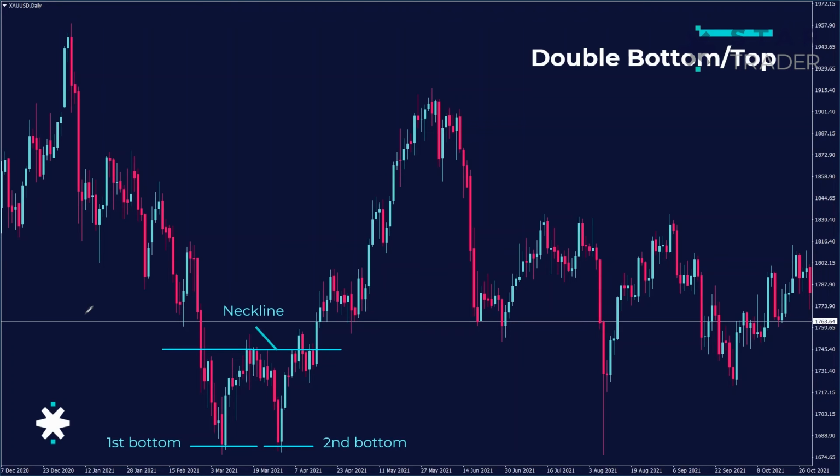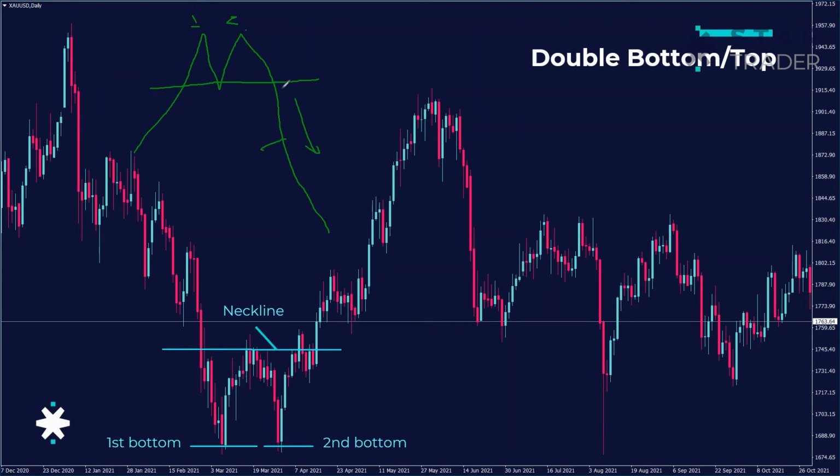How does that happen? If we look at this in an inverse view like this, price is going up, hits a high, goes down, then hits a high again, and then goes down. It will not be that long, but that's it. So we have the first high, the second high, we have the neckline here, and then we have the breakthrough down here.